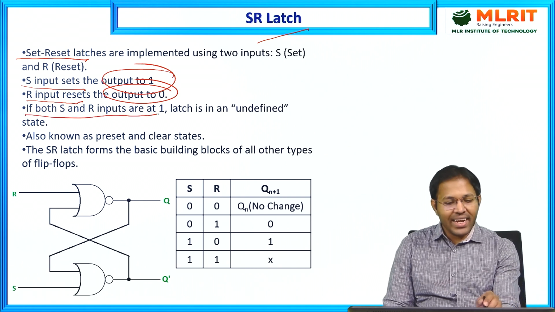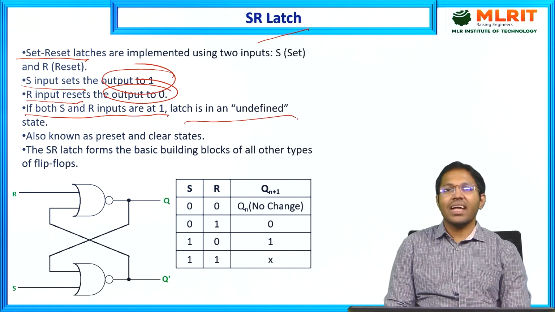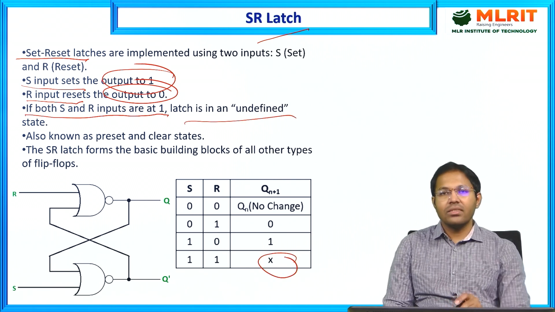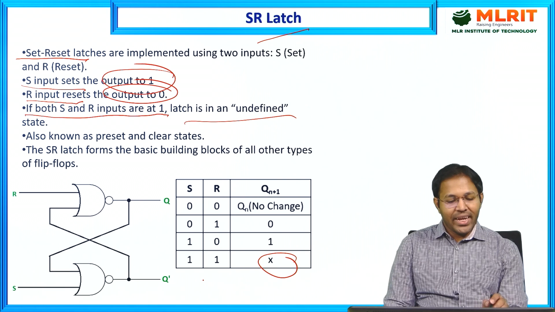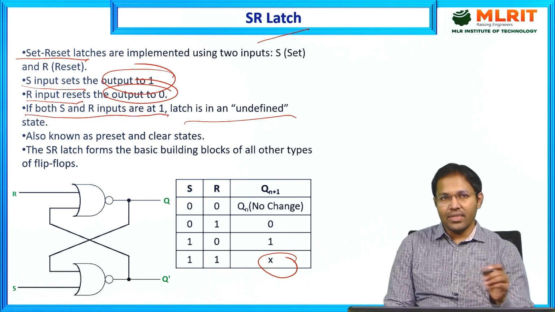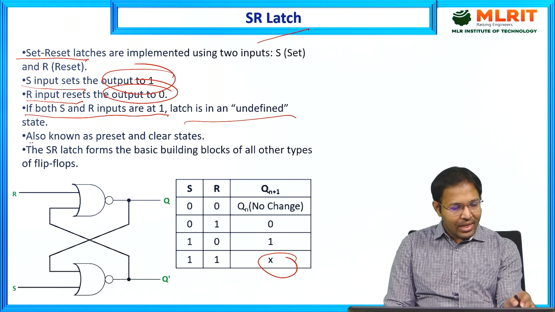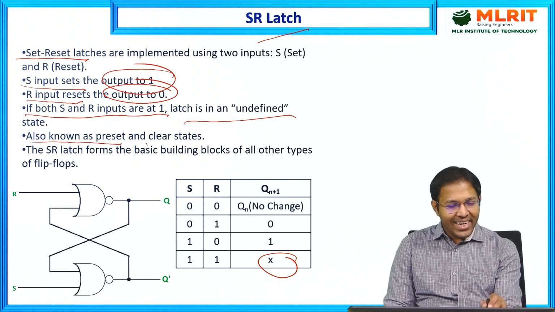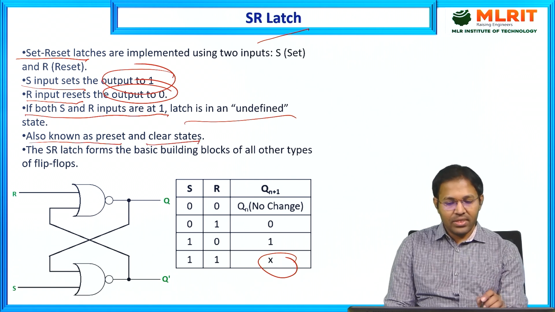If both S and R are at 1, the latch is undefined because we could have ambiguity whether the output is actually 0 or 1. These are also known as preset and clear states. We have two states, and we can also call them preset and clear states.